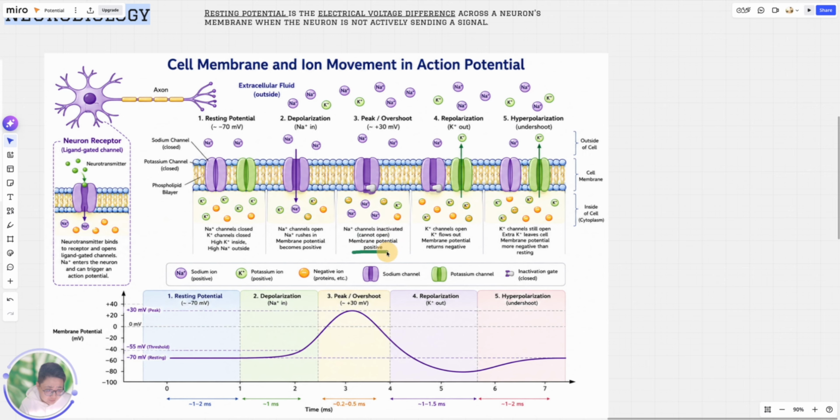The membrane potential is still positive, and then the potassium channel would open and potassium flows out. That is called repolarization. Potassium goes out to keep the balance, and then the inside would become more and more negative until the gate is closed.